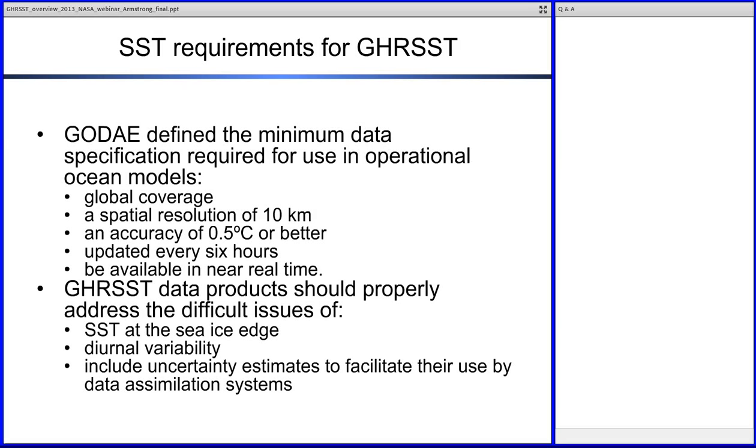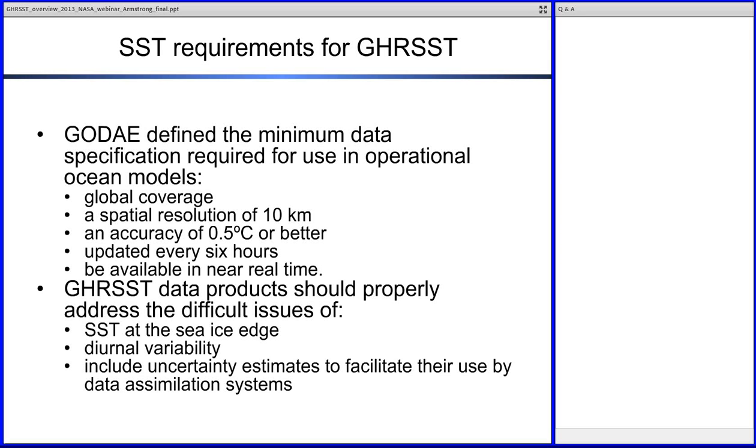Going back a little bit to the history of GHRSST, there were some SST requirements that drove its initiation and conception, and those flowed from this ocean modeling activity that took place in the last decade called GODAE. That stands for the Global Ocean Data Assimilation Experiment.